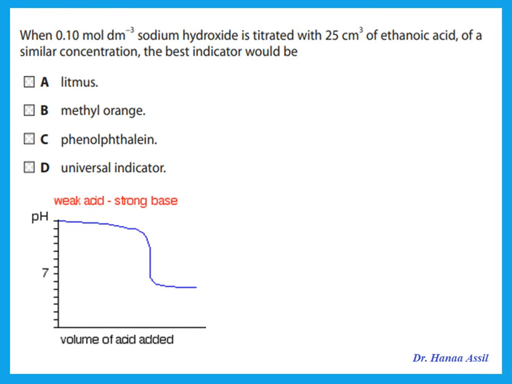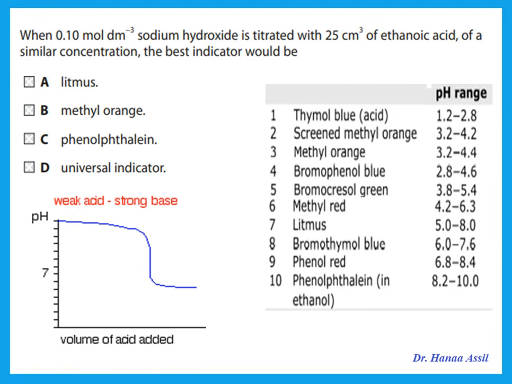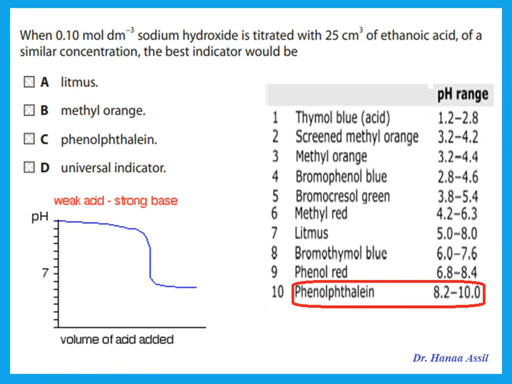We said we're titrating weak acid with strong base. So the weak acid means that the pH does not go that far down when you're titrating. You look for something that has the pH range above 7. So we said we use phenolphthalein as a suitable indicator.